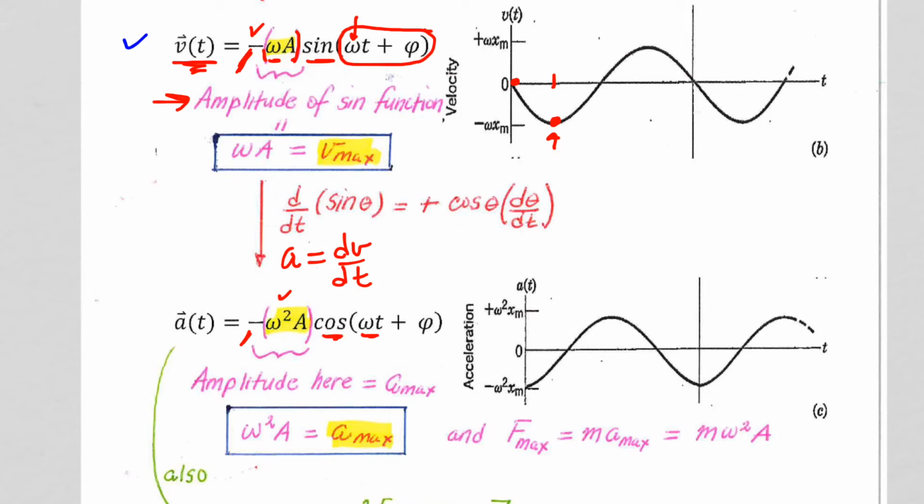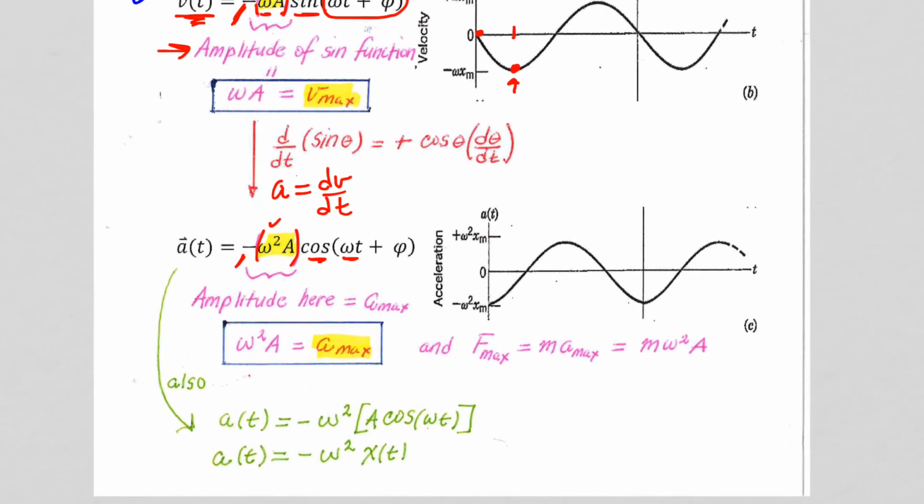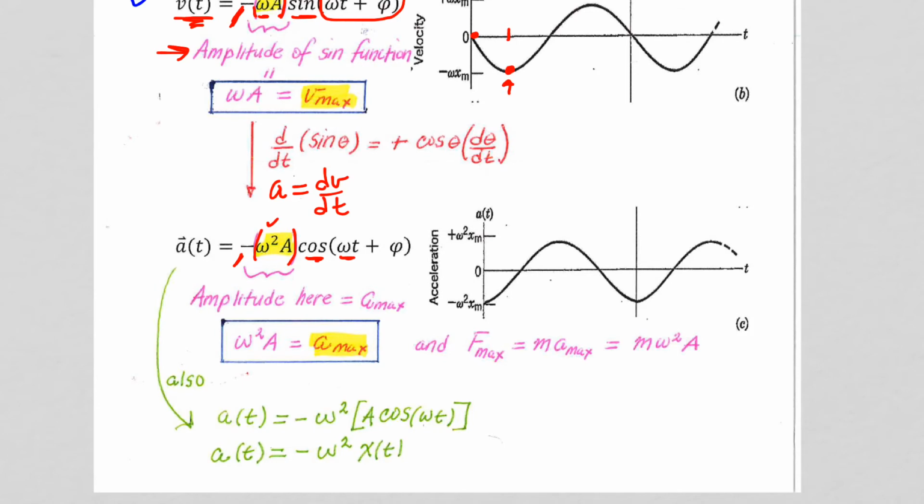so we get another omega out front. We're going to bracket that together. Whatever sits out in front of the sine or cosine is the amplitude. So our acceleration is given based on having a maximum value of omega squared A, and let's see if it makes sense to have a negative cosine function, because at time t equals 0, we have a maximum acceleration backwards. And that absolutely makes sense from the spring.